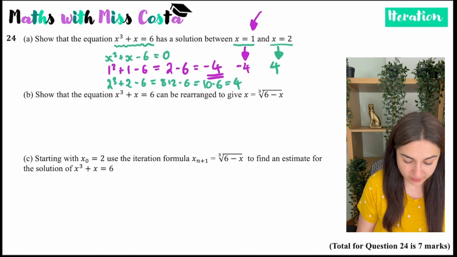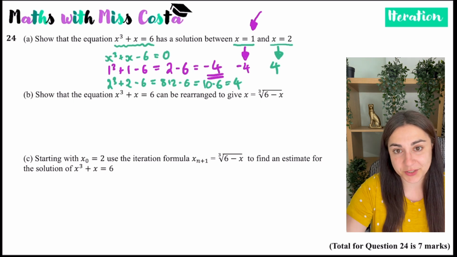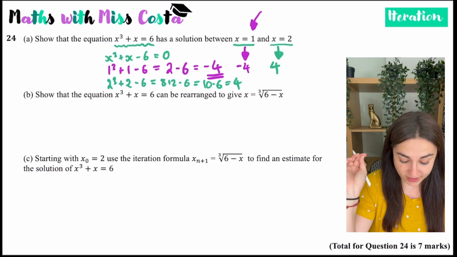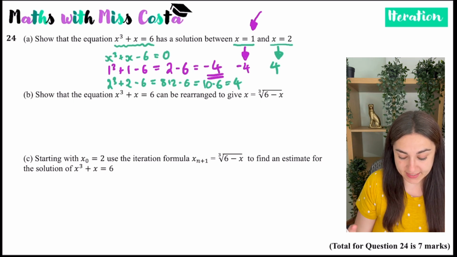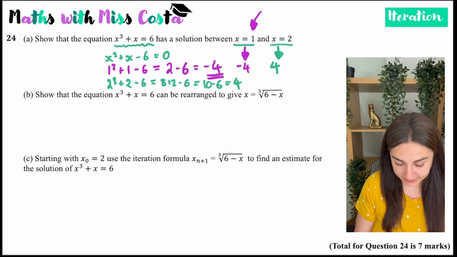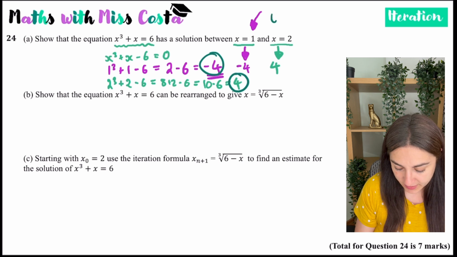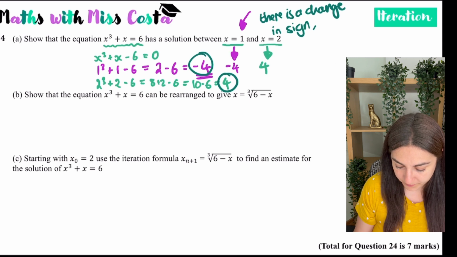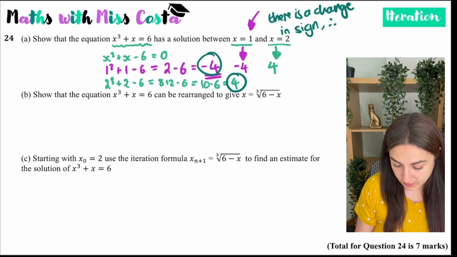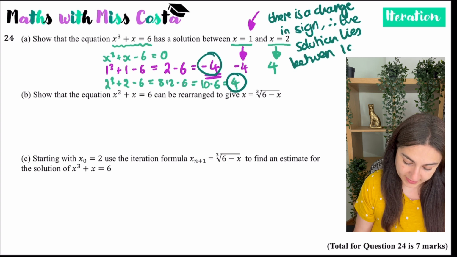So when you are trying to show that an equation has a solution between two values, you substitute those two values into the equation, and one of them is going to be a negative, one of them is going to be a positive, and you say there is a change in sign, therefore the solution lies between 1 and 2.